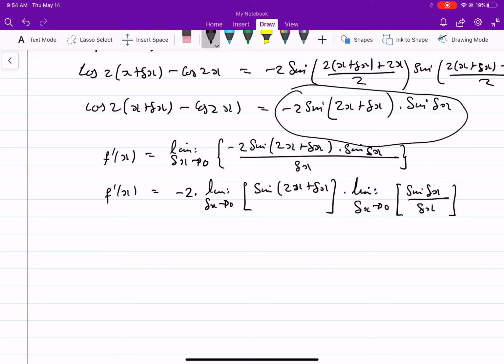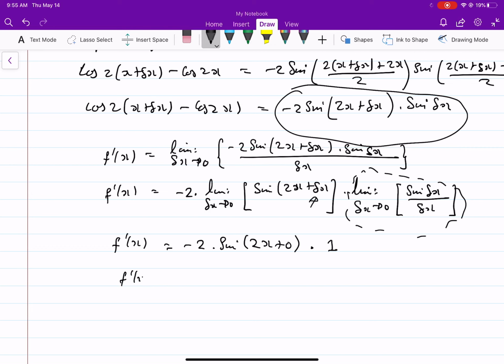Again, this portion right here, when I find the limit, that will be 1. Here, I'll simply substitute the delta x equals 0. So I'm actually going to find the limit now. F prime of x is equal to minus 2 times sine of 2x plus 0 times 1. F prime of x is equal to minus 2 sine 2x.